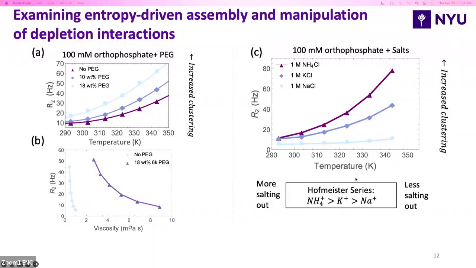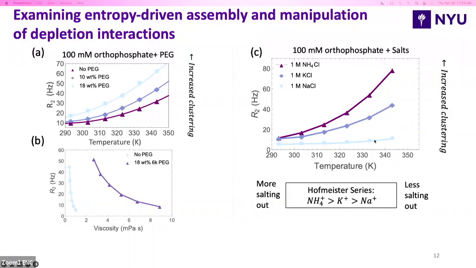And then let's look at the dehydration interactions modulated by the addition of various salts based on the Hofmeister series. The line-width-derived R2 show the ammonium causes the greatest line broadening, followed by the potassium and then the sodium.